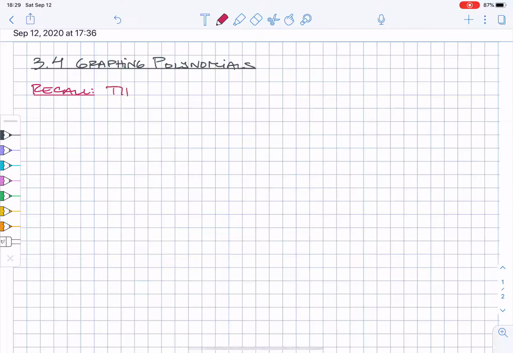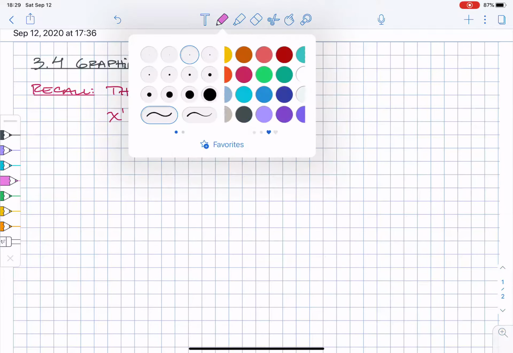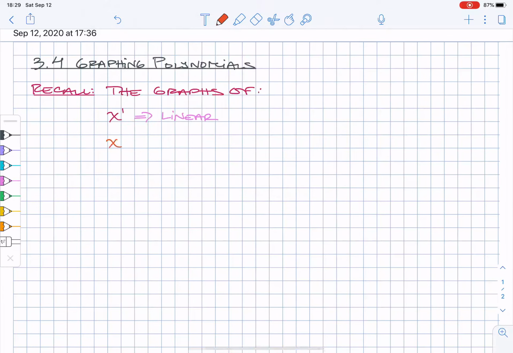The graphs of x to the first power. This is linear, right? If I have the graph of x to the 2n, which is even, then this is parabolic or quadratic.